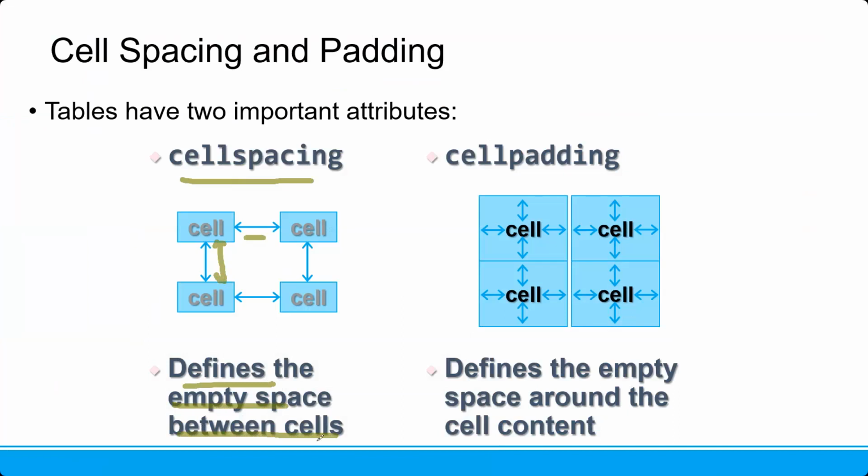So if the cell spacing number is high, it means the space between the cells is high. Cell padding means the empty space around the cell content. So I need to know what is the space from the text to the nearest border.